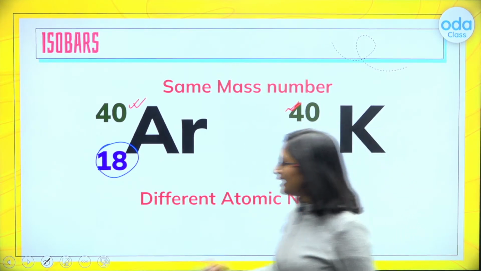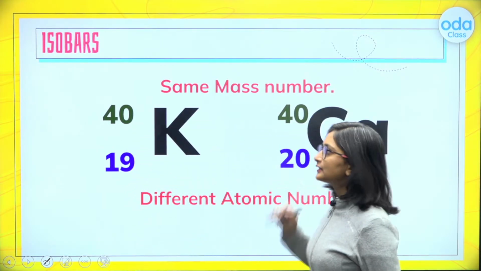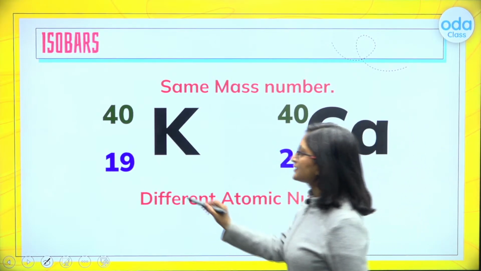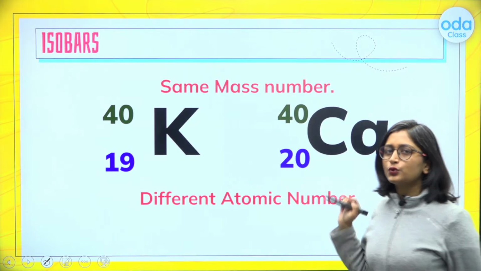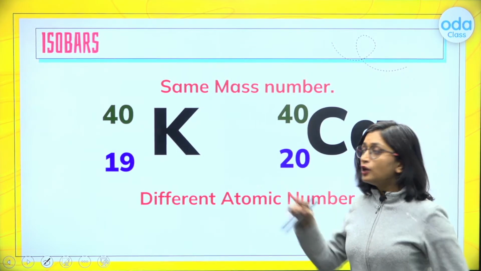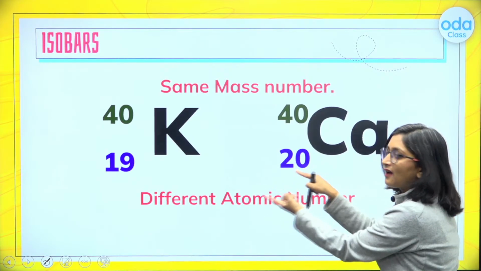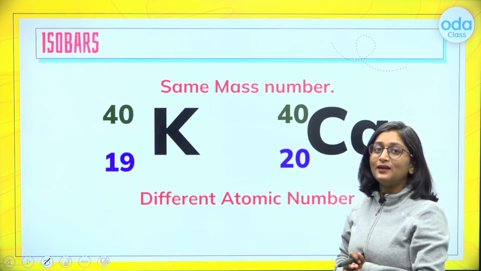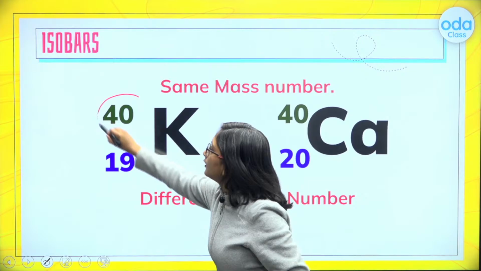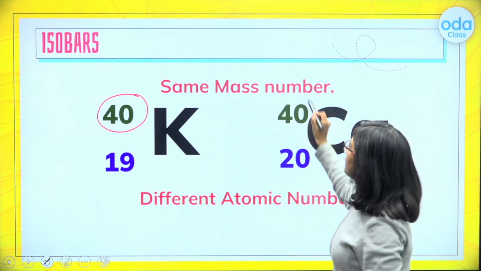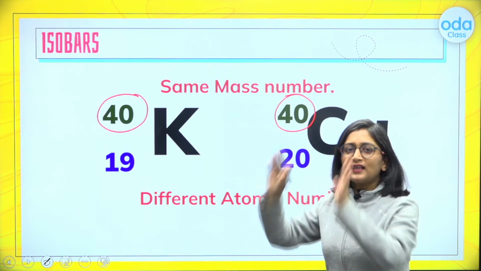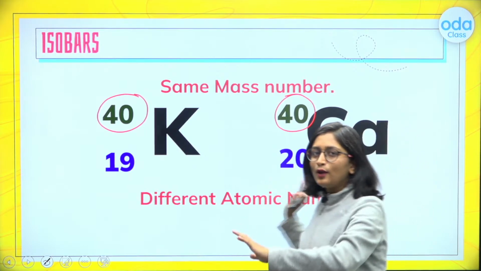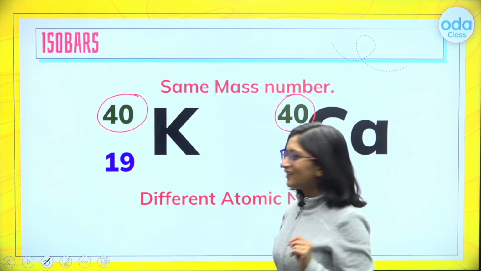Another classic example is potassium and calcium. Potassium has the atomic number 19, while calcium has 20. Both are different elements with different atomic numbers. What is going to be the same? The mass number, 40. So we can say that argon, potassium, and calcium are all a set of isobars, right?